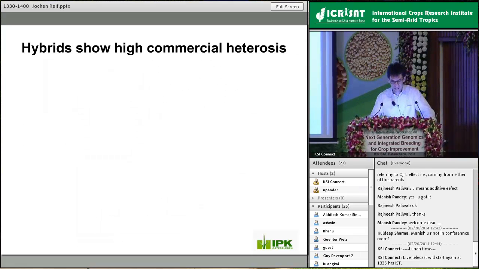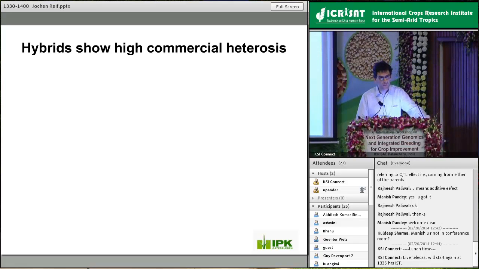And now comes the most important point for the breeders. If you want to successfully sell your product, you need a higher yield in contrast to the other type of varieties. And this graph shows the grain yield in decitons per hectare of our hybrids in contrast to the top yielding varieties in Germany. So the highest yielding variety at the moment is this variety Tobak.